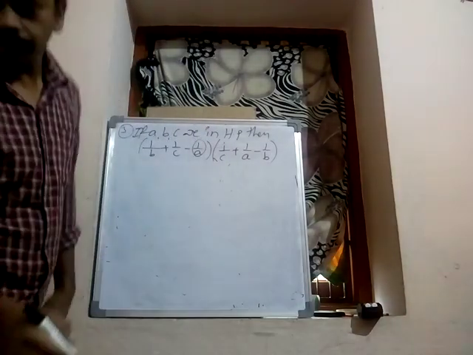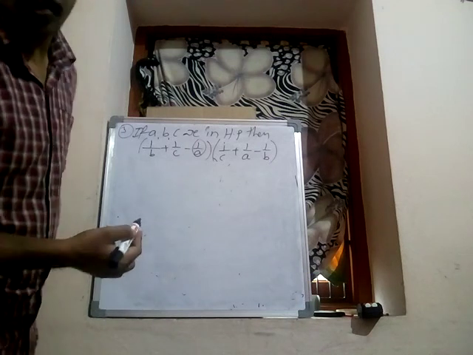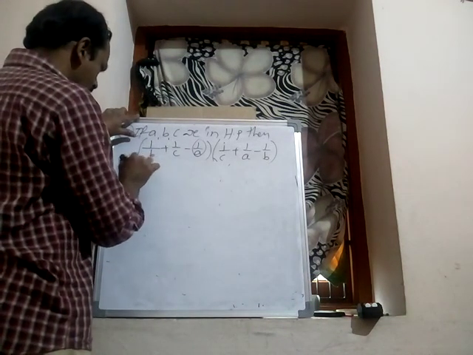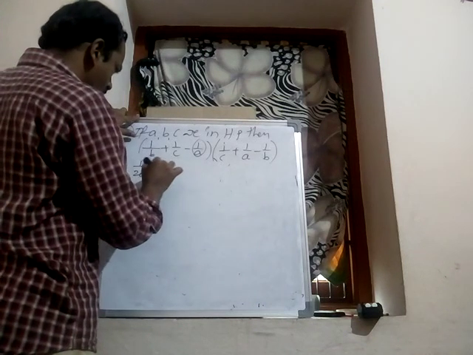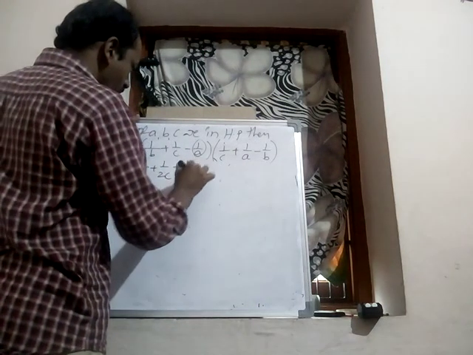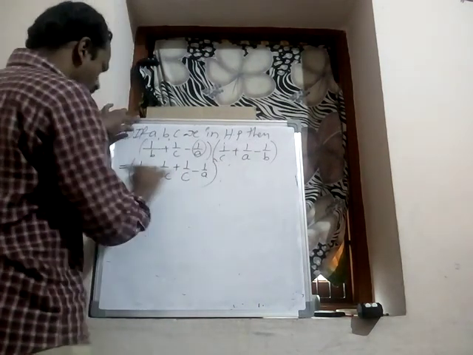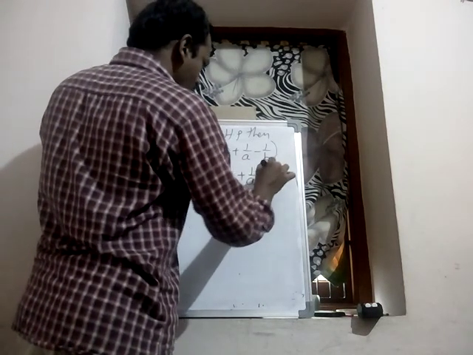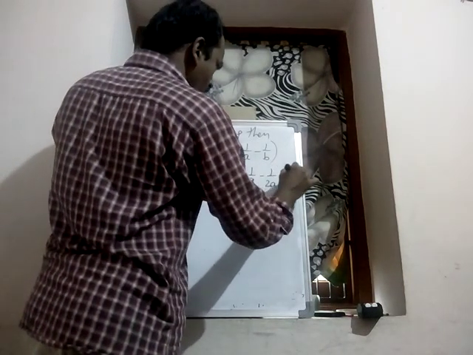So the second one, there is no b term. So that's why we have to remove b. Okay, so in place of 1/b, take 1/2a + 1/2c, plus 1/c - 1/a, and in the other factor 1/c + 1/a - 1/2a - 1/2c.